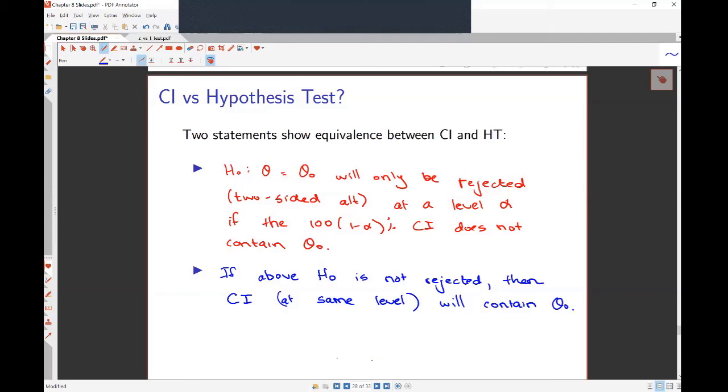So this is just to give you a big picture overview of the connection that exists between confidence intervals and hypothesis testing.